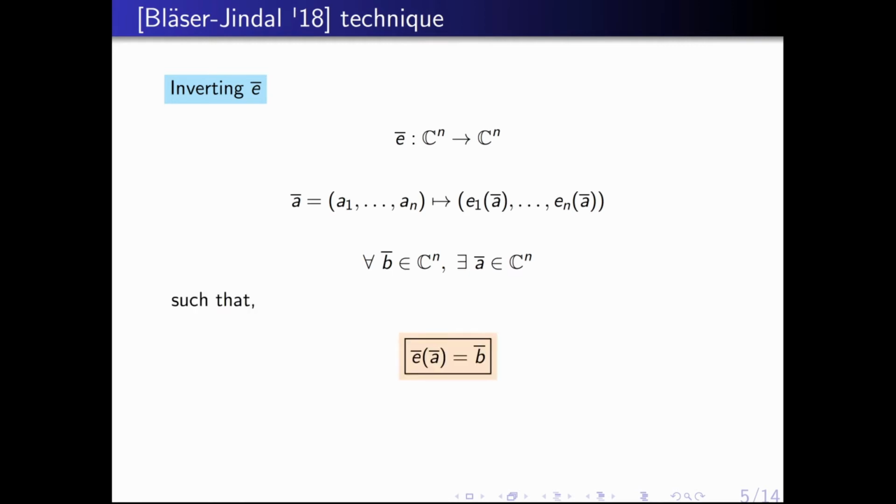Because this map is onto, we can always do that. For any B, we can find such an A such that if we evaluate elementary symmetric polynomials of different degrees at this point A bar, that will give us B. So the task is, B bar is given to us, we need to find A bar.